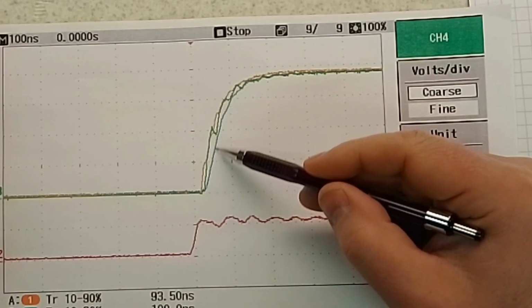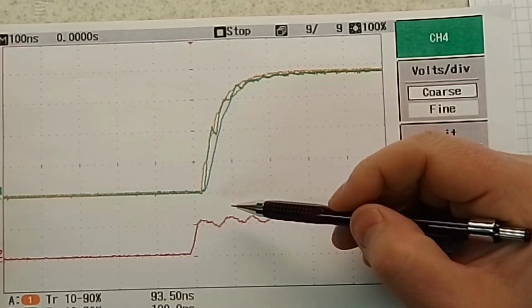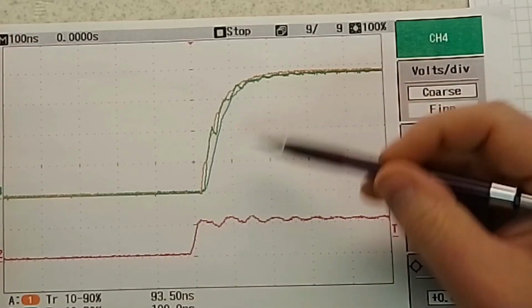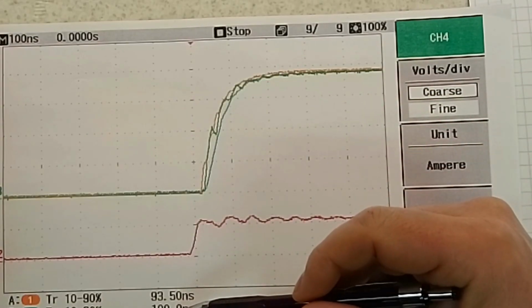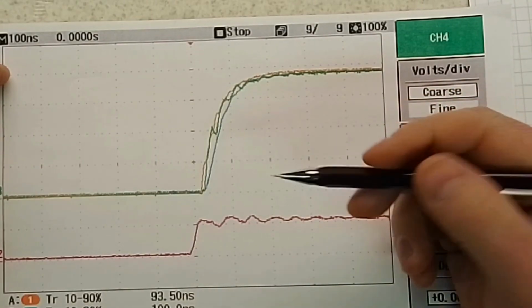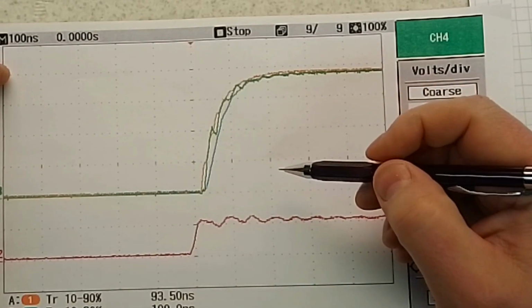So current pulse generator maximum di/dt is this: 20 amps divided by 100 nanoseconds, 200 amps per microsecond.